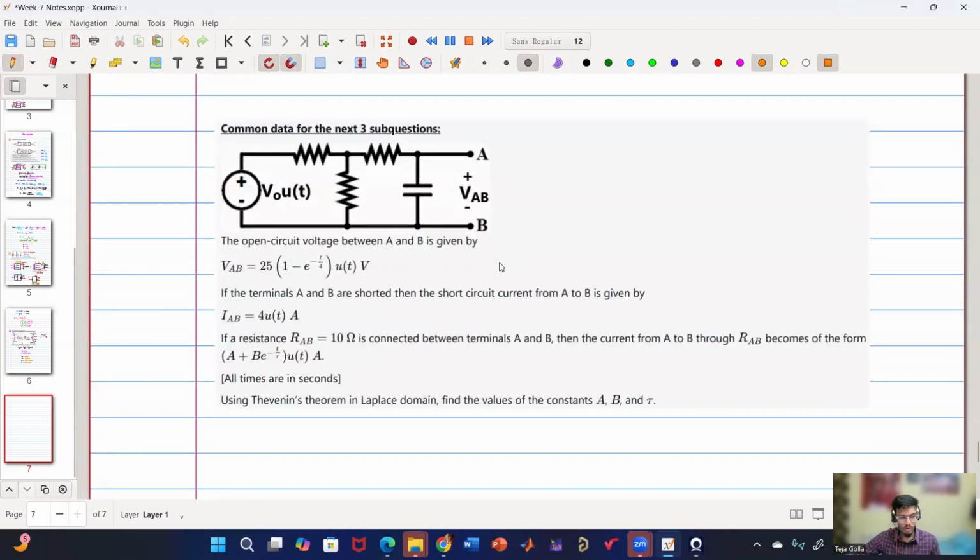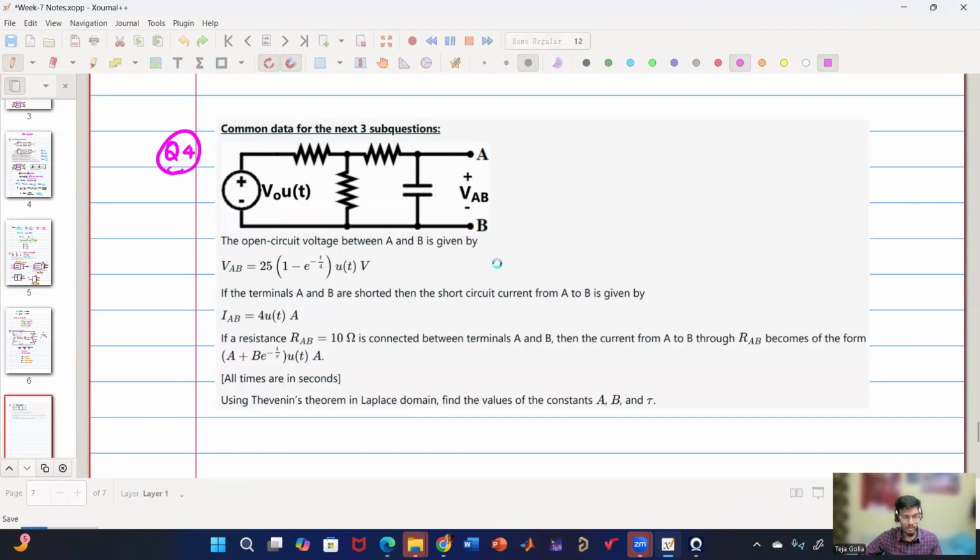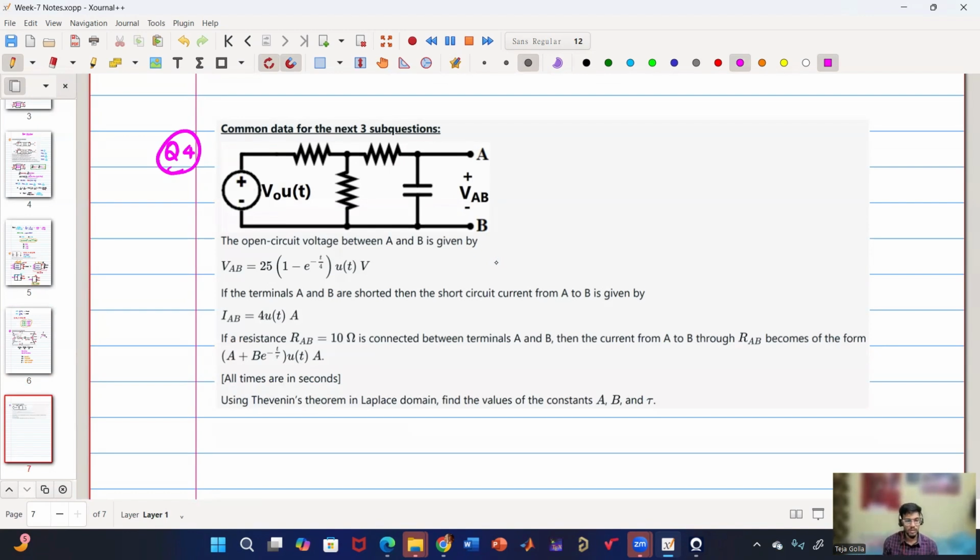Okay, now coming to our question 4, just give it a read. You read this question?